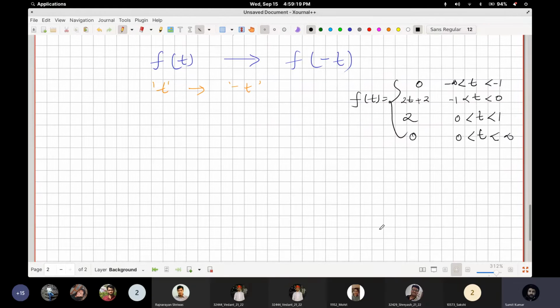So what is going to be f of minus t here? f of minus t will become, instead of t, what will you put? Minus t. So you will have 0, and you will be writing minus infinity less than minus t less than minus 1, isn't it?